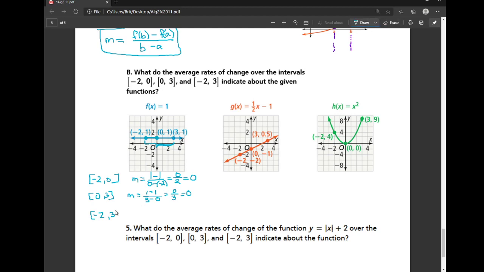Notice the square brackets here mean that they're including the 3 and the -2. Here, my y value is 1 and my x value is 3, so I'm going to put a 1 up top, 3 down below. Over here, my y value is 1 and my x value is -2.